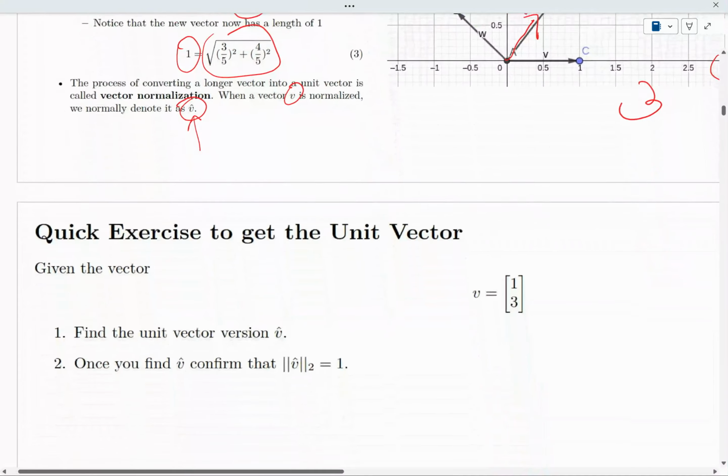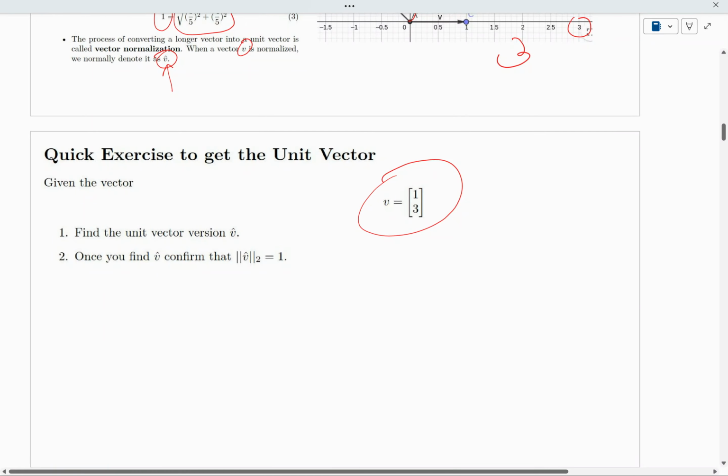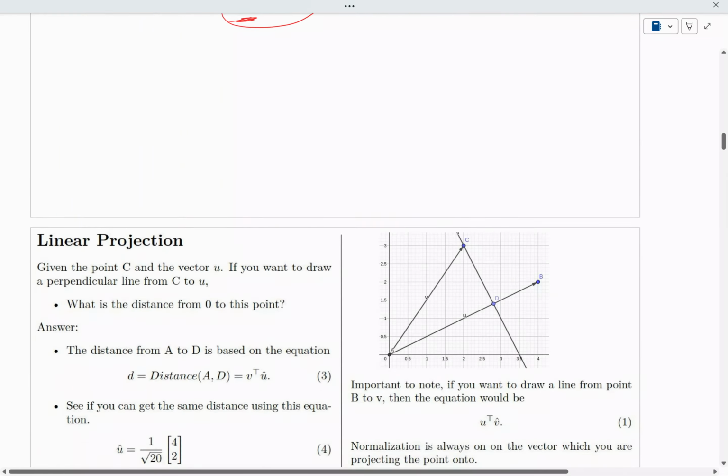Okay, let's do a quick exercise. Given this vector, pause the video and see if you can find a unit vector v hat. Once you find it, check that the L2 norm of v hat is actually equal to 1. The idea of a unit vector is just a vector of length 1. Okay, pause the video and we're going to move on.